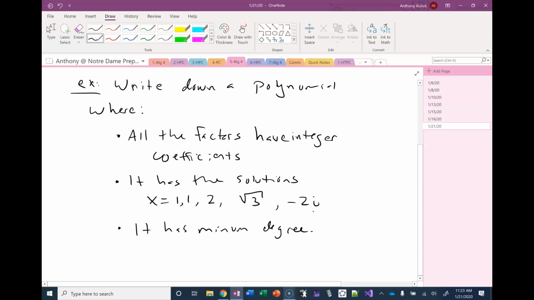So let's say we want to write down a polynomial where all the factors have integer coefficients. It has the solutions 1, 1, 2, the square root of 3, and negative 2i. And the polynomial has minimum degree.